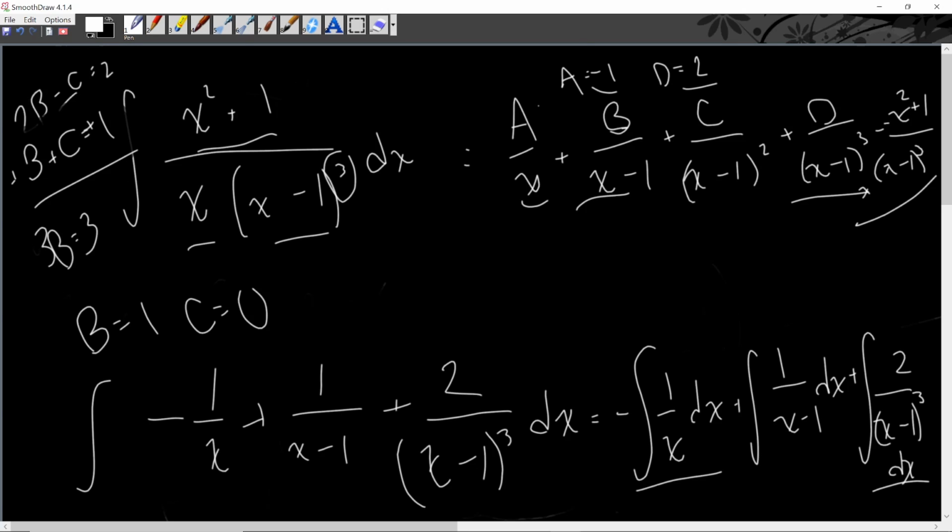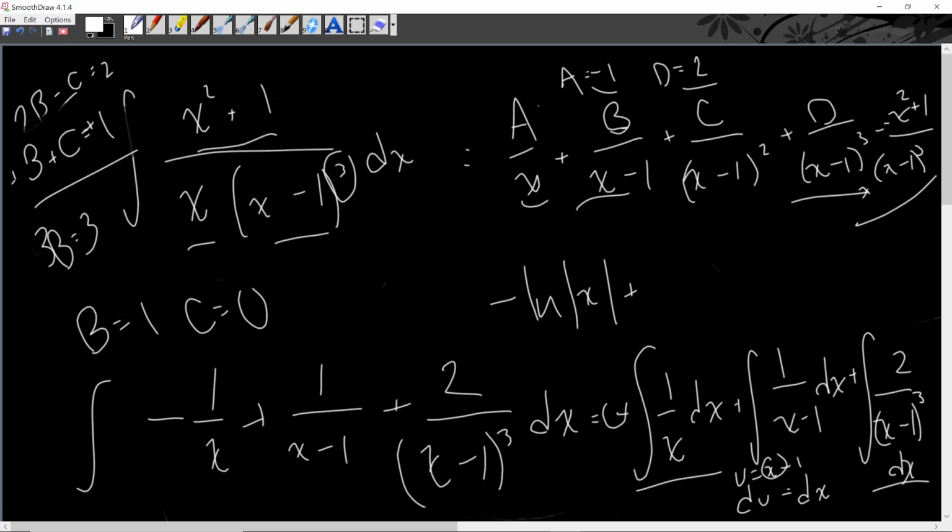The integral of 1 over x dx is going to be ln x, and the negative is just out there, because negative is just negative 1, which is a constant. So we have negative ln, absolute value of x, plus, we can do u sub for x minus 1, but I think you picked up on that pattern. If we have an x in the denominator that's just by itself, and we have du equals dx.